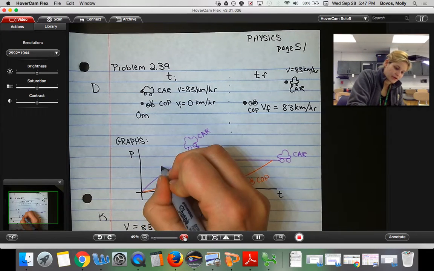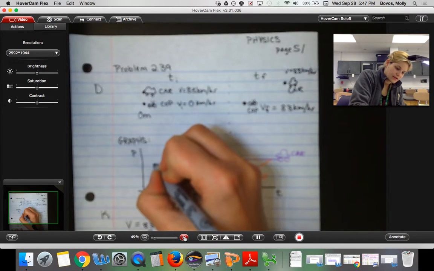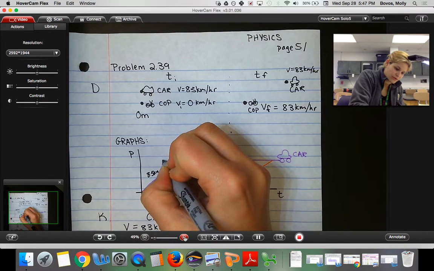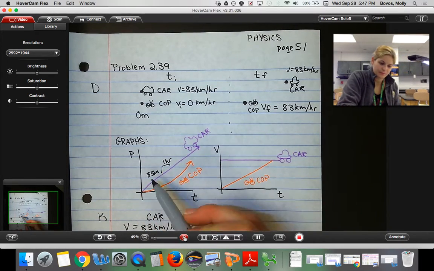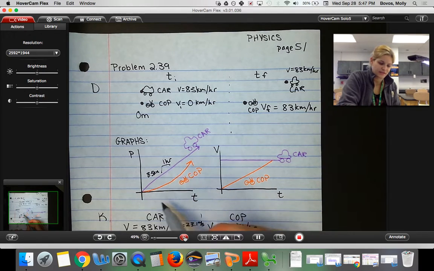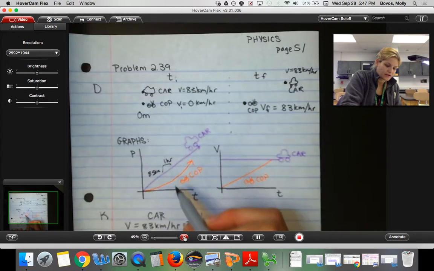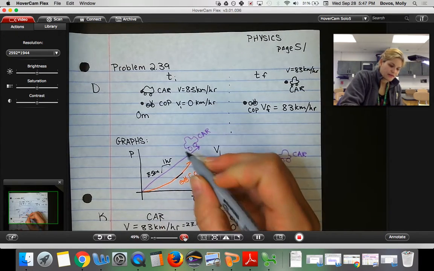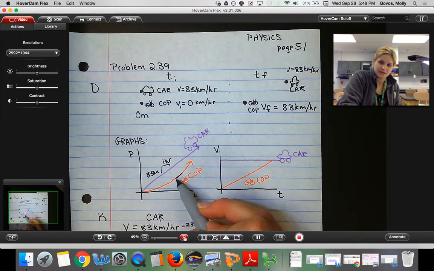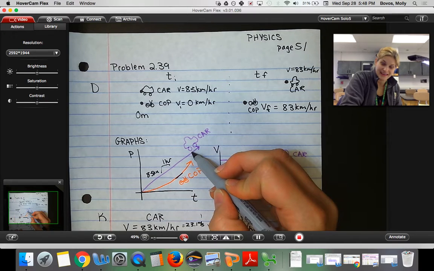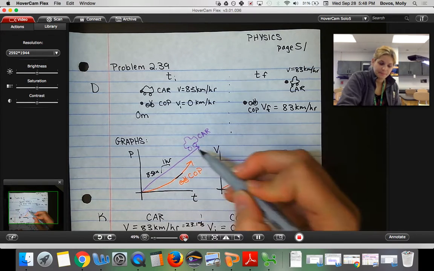So the slope here would be up 83 kilometers and over 1 hour, to show that that's its velocity. Now the cop is going to be speeding up, and when these are parallel, right about here, that's when they would be going the same speed. And then maybe eventually the cop would speed up some more so that he could actually catch the car.